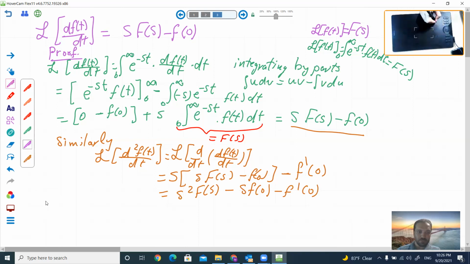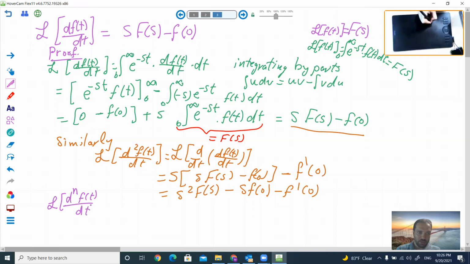Similarly, in a general form, we can extend our proof that the Laplace transform of the nth derivative of f of t, d to the power n by dt to the power n, equals s to the power n. You can keep track of the derivation and do it yourself, but it's very clear, because when we started with the first derivative, we ended up with s times f of s.